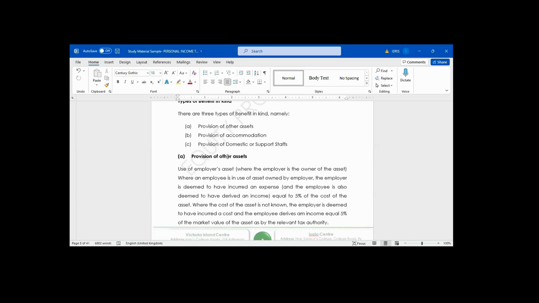If you stop using the car, we are not going to use the 5% again. So any asset provided by employer to the employee as benefit in kind, 5% of the cost will be used as part of the income called benefit in kind.